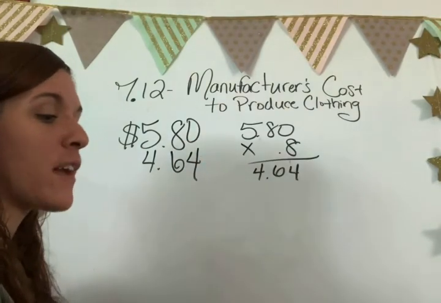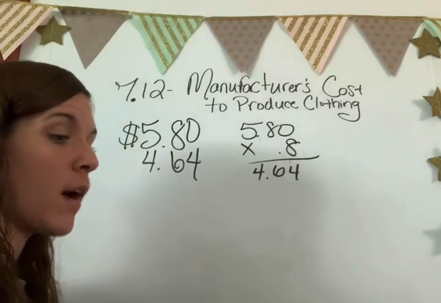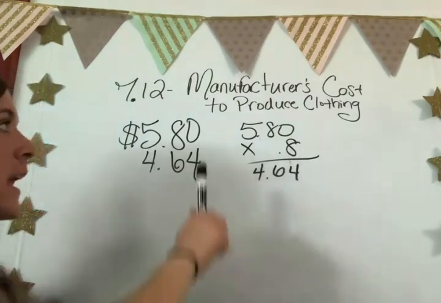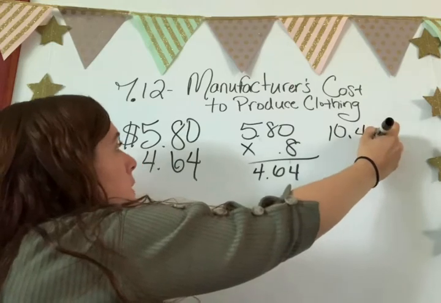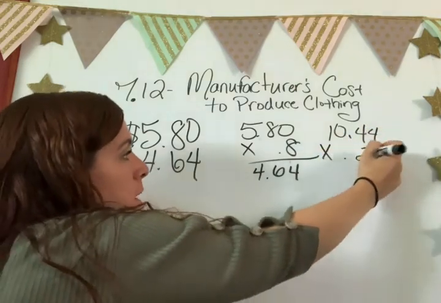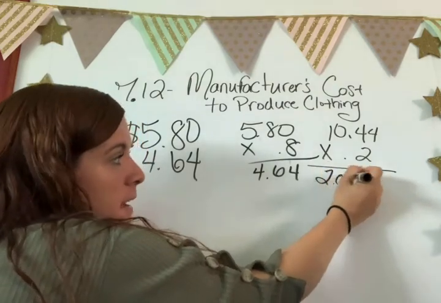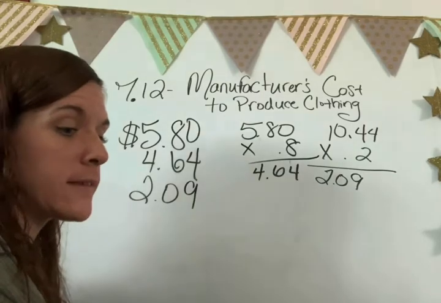And the cost for factory overhead is 20% of the combined cost of raw materials and direct labor. So we need to add these two together, and that's going to give us $10.44 times 20%, okay? And that is going to give us $2.09. And we're going to put that over here to include it in our total factory cost.